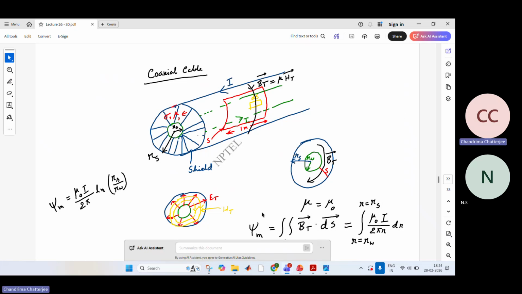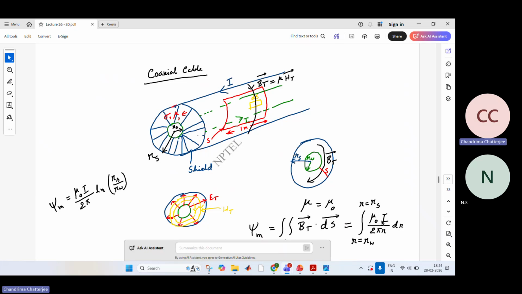Then of course we are finding the flux. Flux is the integral of B dot ds, where B is the magnetic flux density and ds is the surface, integrating from Rw to Rs.